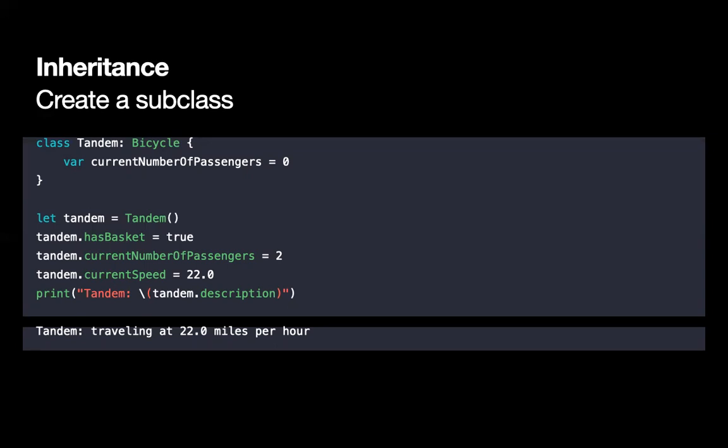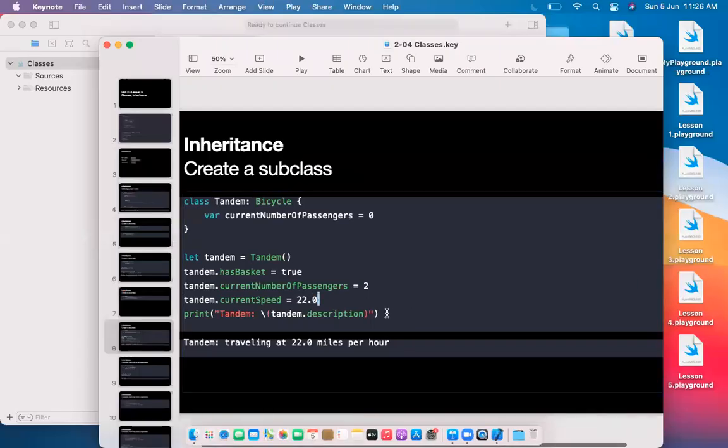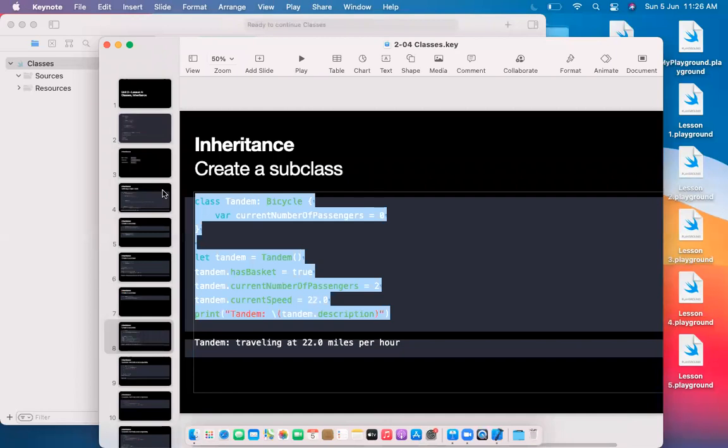So that means the tandem will inherit the properties from the bicycle class and from the vehicle class also. Okay, so if you run this onto the playground.